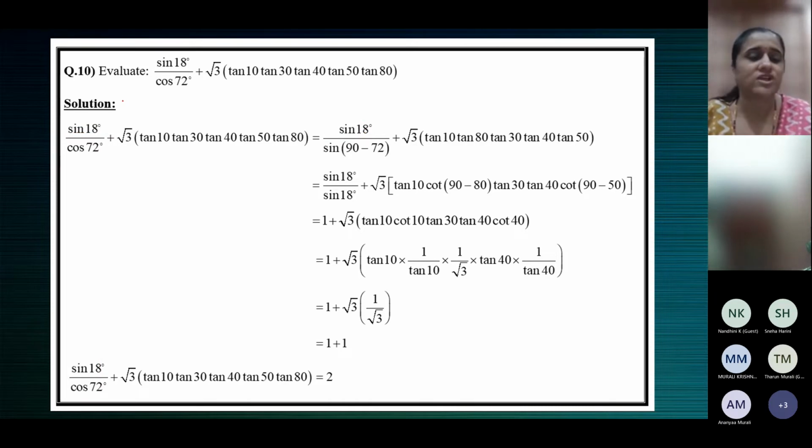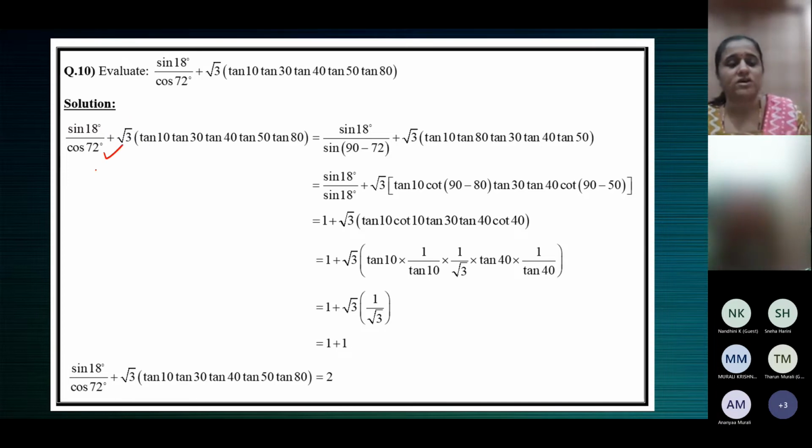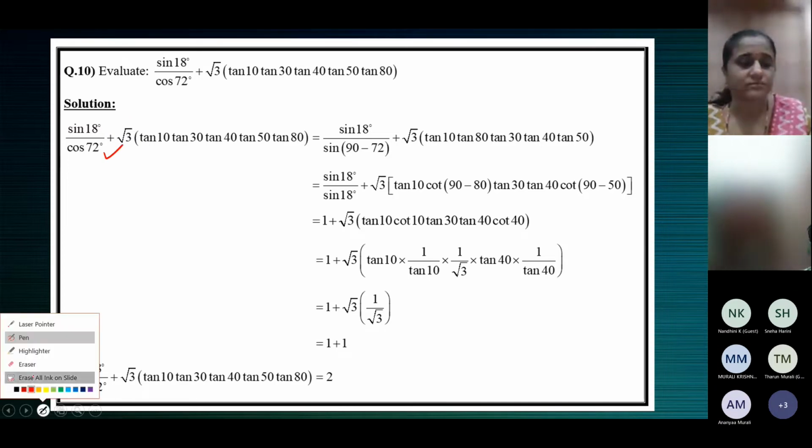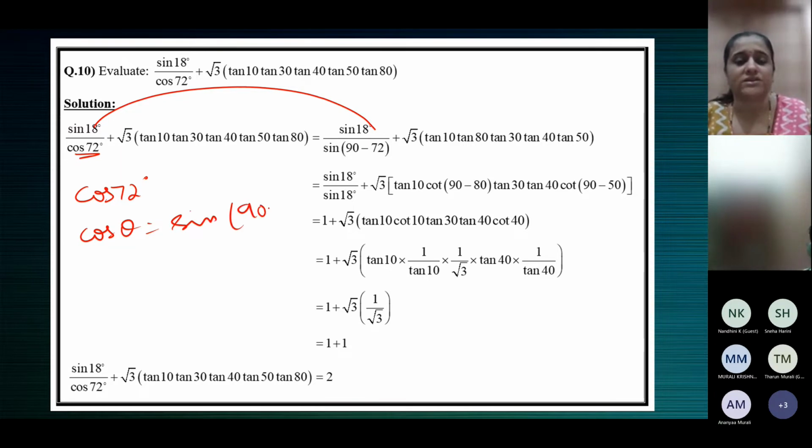Either change sine 18 degrees or change cos 72 degrees. Don't change both. So I have written sine 18 degrees as it is and cos 72. What is cos 72 degrees? Cos theta is equal to sine 90 minus theta.